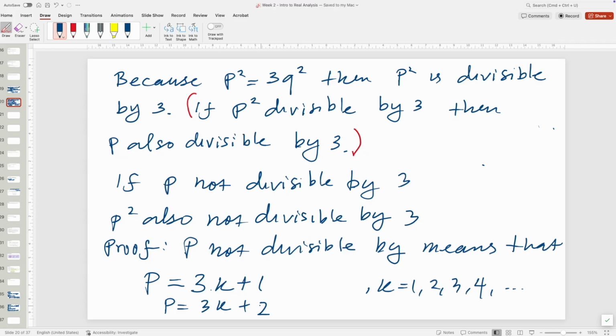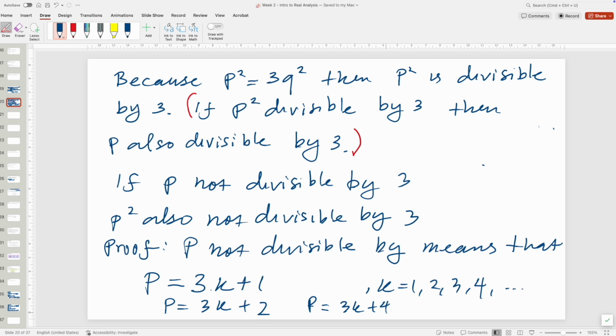What about 4? If I write 3K plus 3, it can be written as 3 times K plus 1, which is this one again, so it's divisible. So you don't put 3 in here.